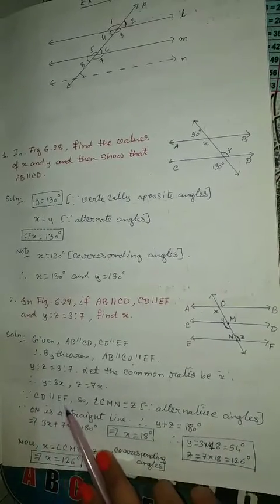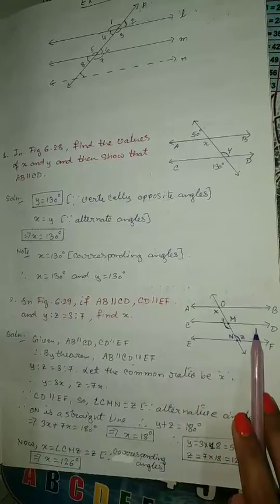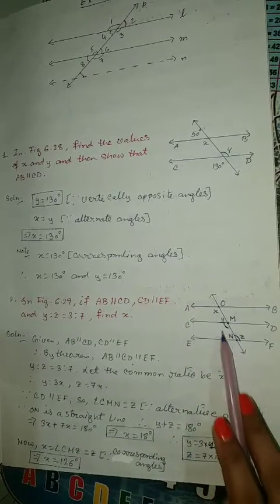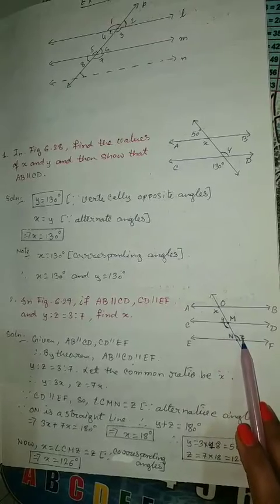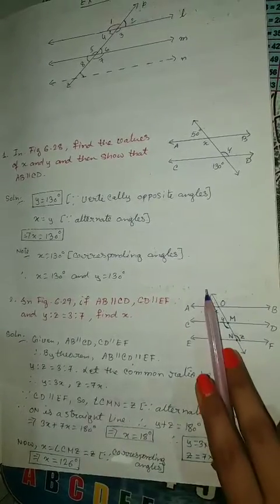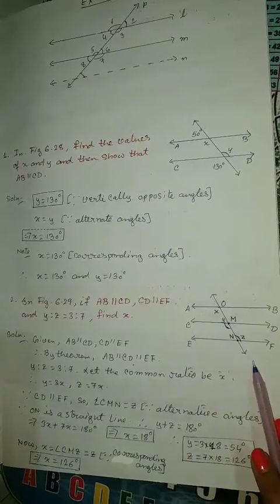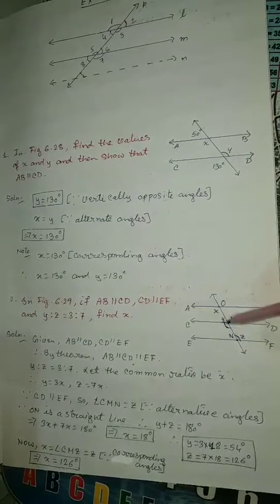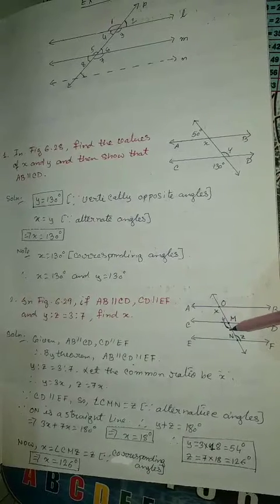Since CD and EF are parallel, angle CMN, this particular angle, is equal to Z because they are alternate, right? Now, ON is a straight line. This is a transversal, so it is a straight line. Since it is a straight line, the sum of these two angles will be equal to what? 180, isn't it?